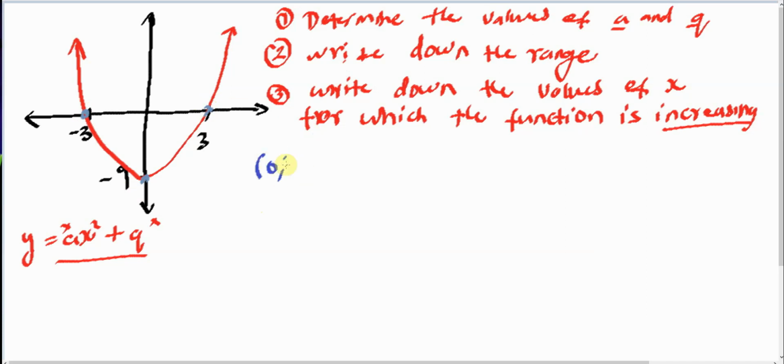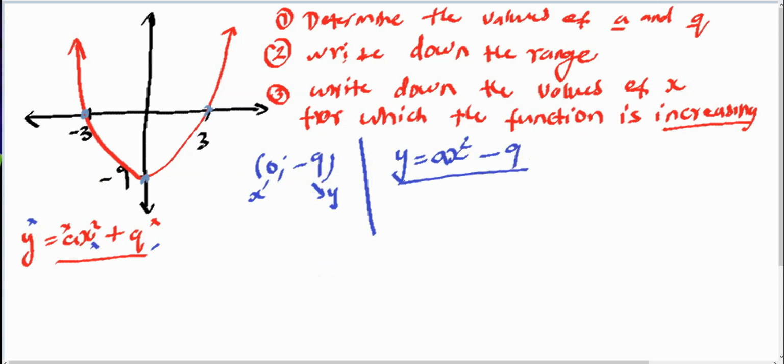At this point you have the x value, and you also have the y value, so you can substitute that into your equation. But before that, you can know that the value of q is obvious. If I write this equation, I can simply substitute q by -9. So I'll have a x squared minus 9. That's what I have. So I will be left with determining the value of a in this equation.